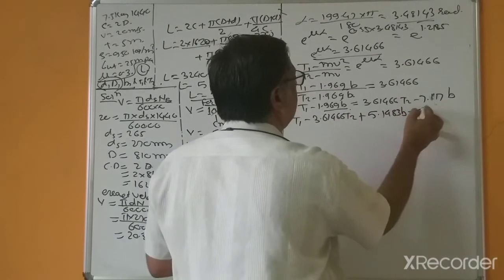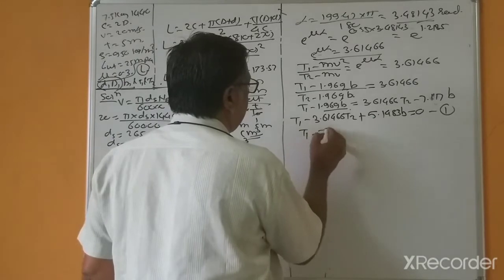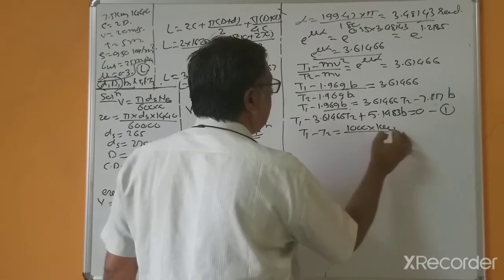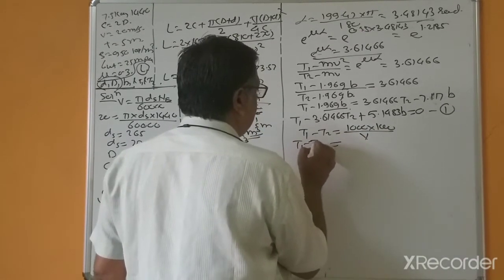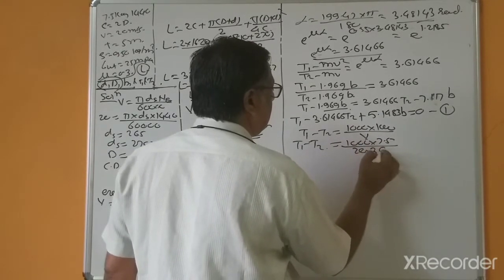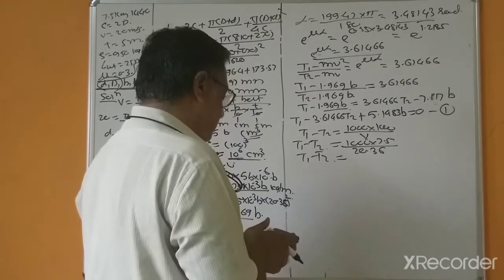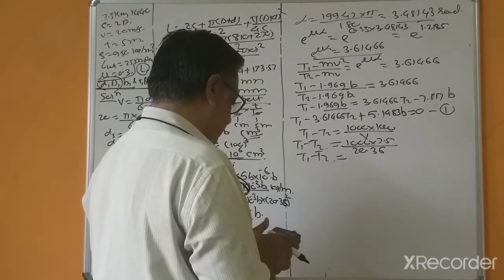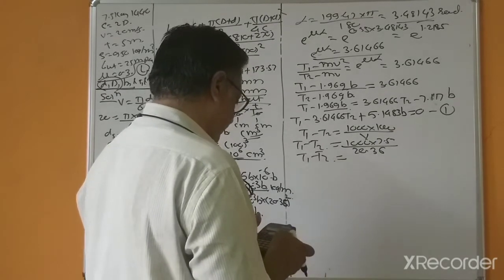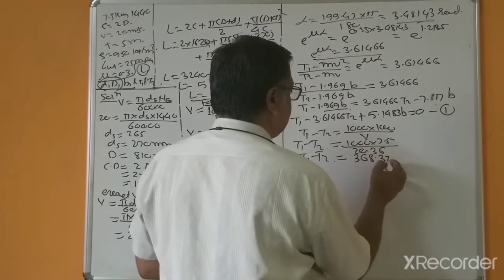So this is first equation. Second equation, T1 minus T2 equal to 1000 into kilowatt divided by V. T1 minus T2, 1000, 7.5, 20.36. 750 divided by 20.36 equal to 368.37.